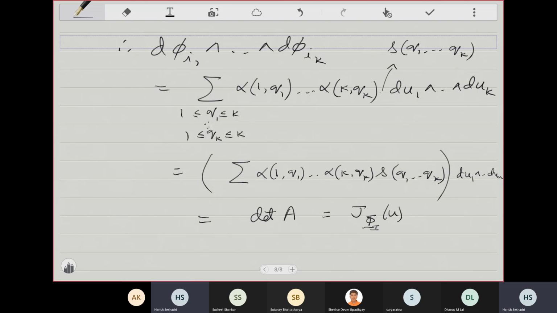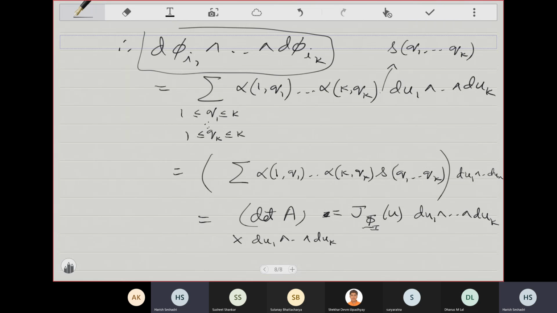Oh, I forgot this: multiplied by d u1 through d uk, which is exactly what we wanted. So this expression here is equal to this expression here.